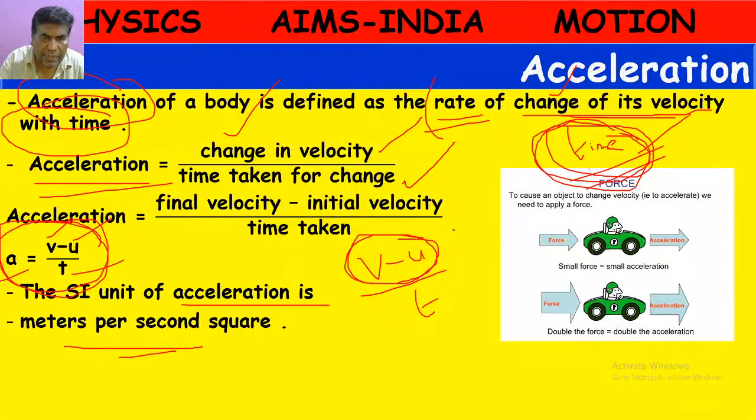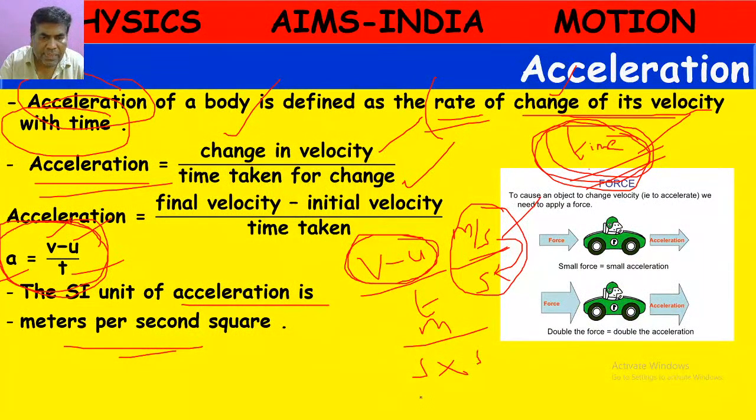Velocity unit we already know: meter per second. Time unit is second. So we have meter per second in the numerator, and this second will come down. So we can write it as meter per second into second, so meter per second square. This is the unit of acceleration.